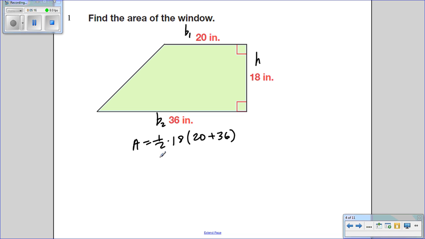So this one is working out pretty easy for us. 1/2 of 18, 20 plus 36 would be 56. And we can go ahead and calculate all those. 0.5 times 18 times 56. And it looks like we get 504 square inches. So that one was very straightforward.